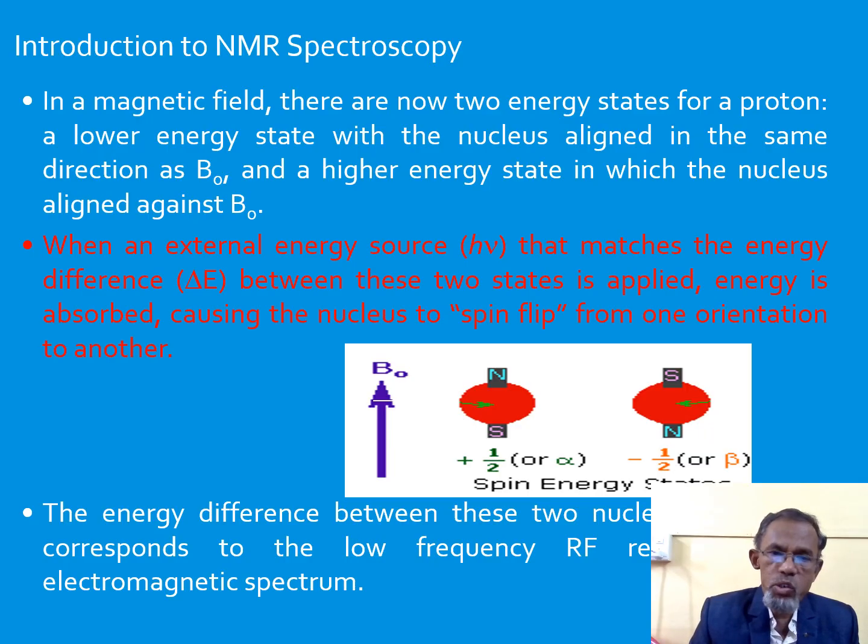When an external energy source, which we represent as hν, that matches the energy difference between these two states is applied, energy is absorbed, causing the nucleus to spin flip from one orientation to the other. The energy difference between these two states corresponds to low frequency radio waves, and hence we get the electromagnetic spectrum.